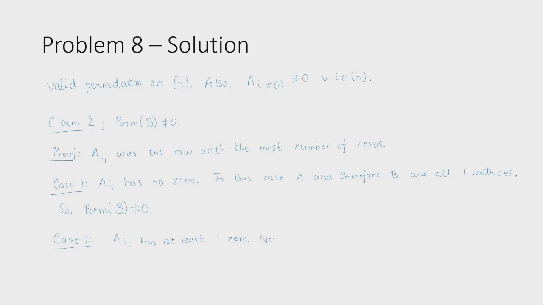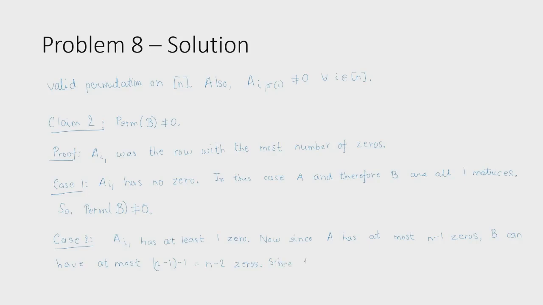Now, since A has at most n minus 1 zeros, B can have at most n minus 1 minus 1 equals n minus 2 zeros.